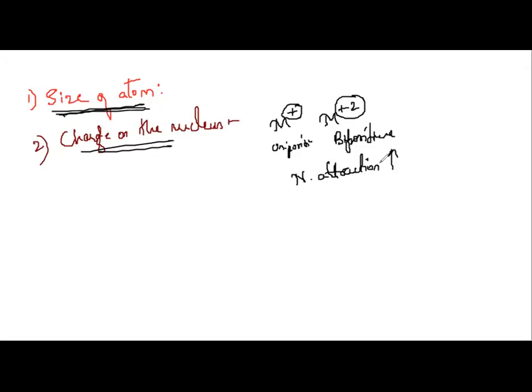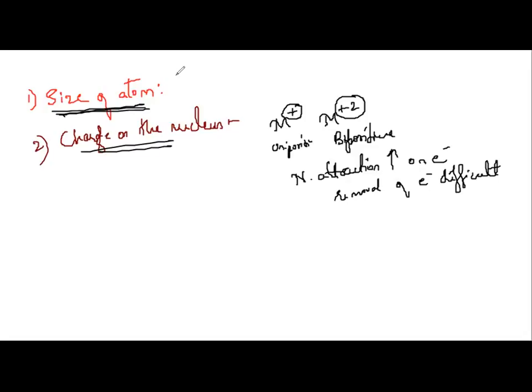So with the increase in the nuclear charge, the nuclear force of attraction on electrons increases. When this force increases, it makes the removal of electrons more difficult. Thus, an increase in nuclear charge increases the ionization energy.